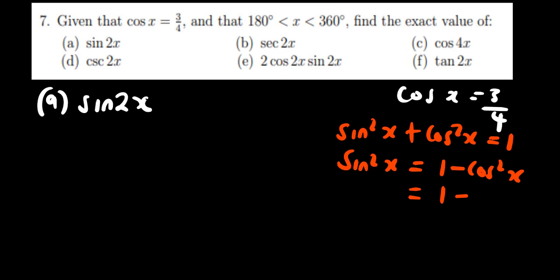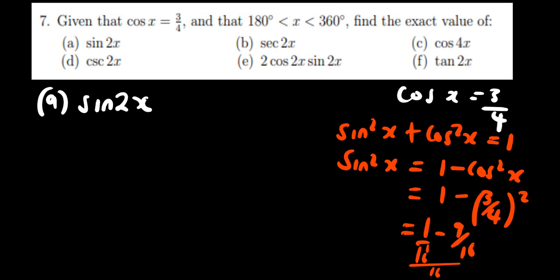Cos alone is 3 over 4, then this is squared. So we have 1 minus 3 squared, that is 9, over 4 squared, that is 16. 1 minus 9 over 16. If I put a 1 here over 16, that would be 16 minus 9, that is 7. So our final answer is 7 over 16.